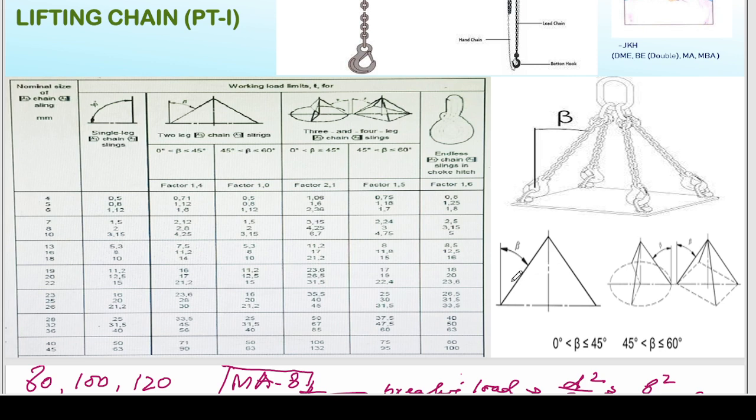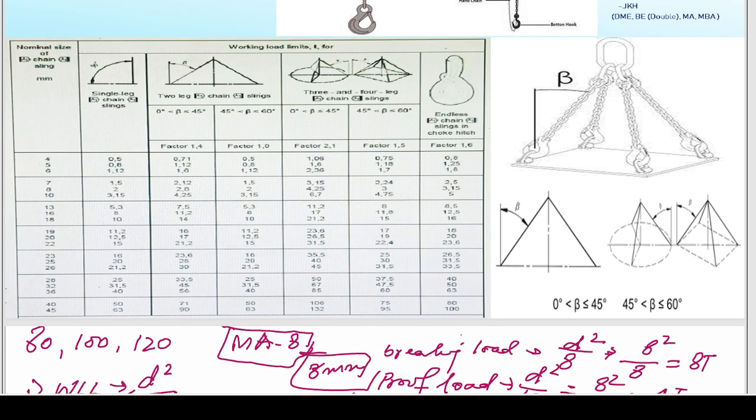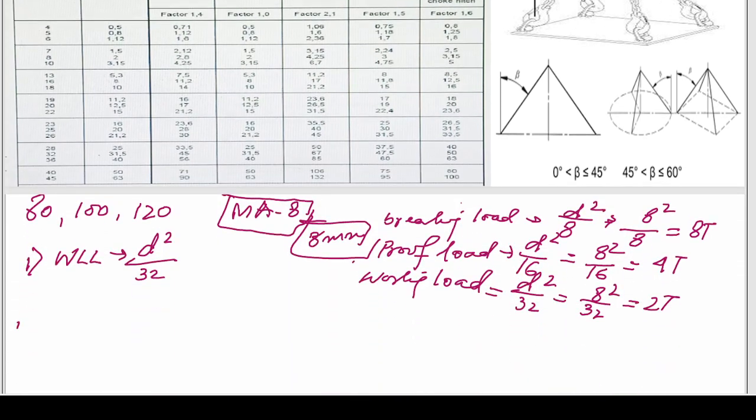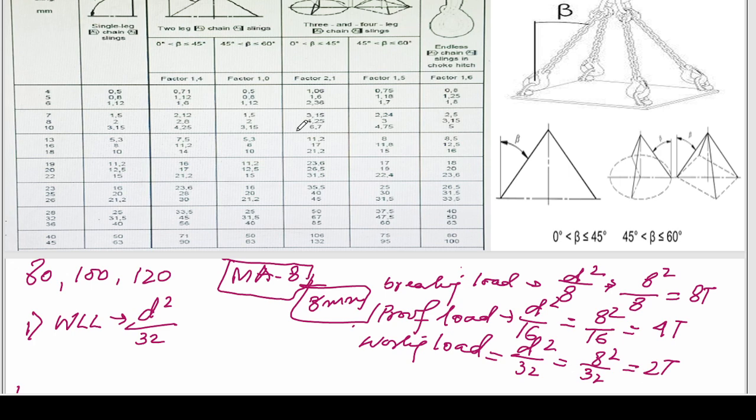This angle has to be taken into consideration while calculating the load for multiple slings. For a single sling it is no problem, it is 90 degrees, so the factor is taken as 1. But for multiple legs there are two categories: one 0 to 45 degrees, another 45 to 60 degrees. Accordingly this chart has been made.